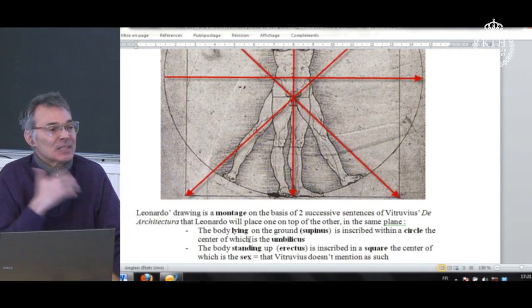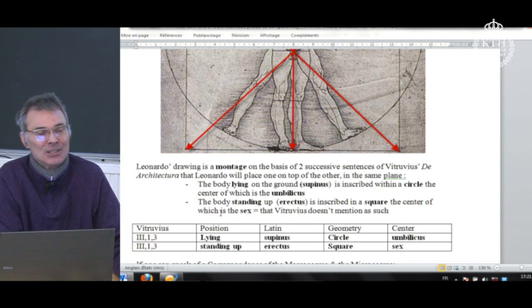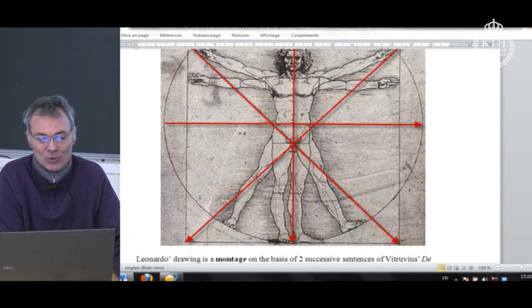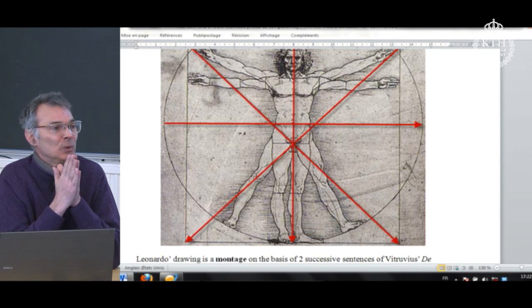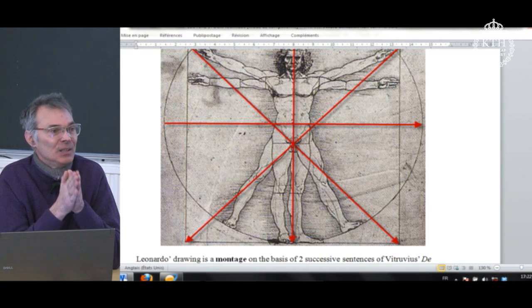And then comes a second sentence where he says the body standing up, erectus, is inscribed in a square, the center of which is, he doesn't say it, but you can draw the drawing and you see that it is the sex. But Vitruvius never says that those two drawings have to be put one on top of the other. This is an invention of Leonardo da Vinci.